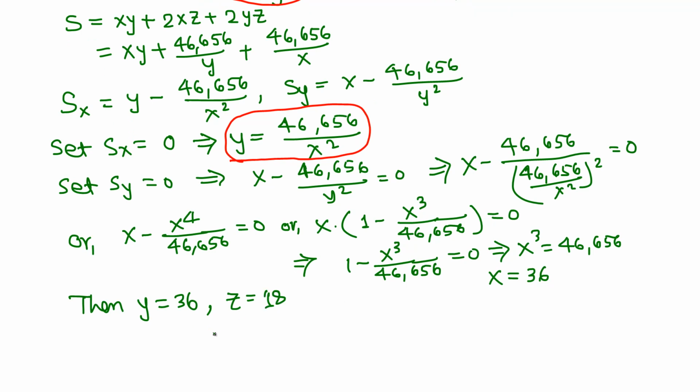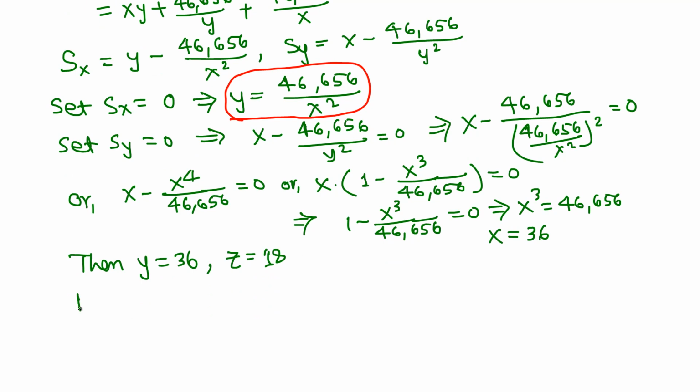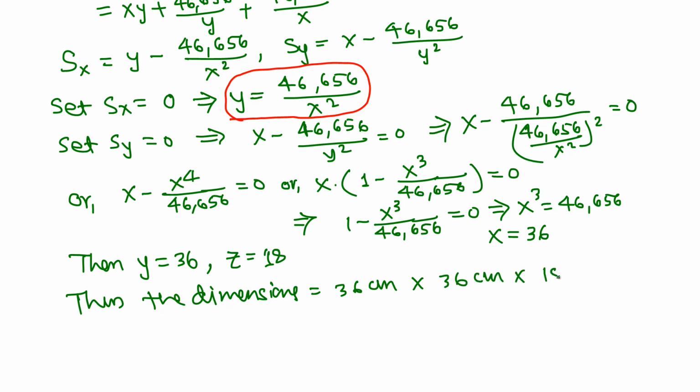So we have only one critical point. That means this should be the answer. So these dimensions minimize the amount of cardboard used. Thus the dimensions are 36 centimeters by 36 centimeters by 18 centimeters. Final.